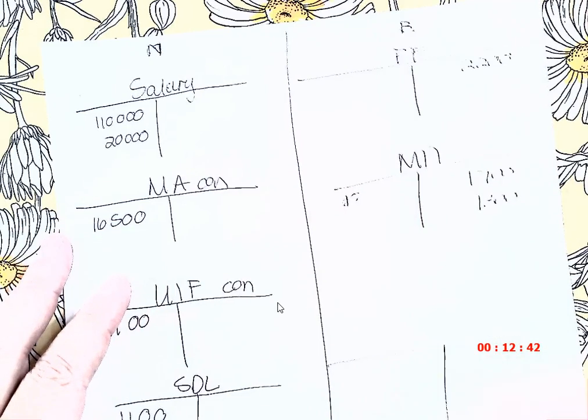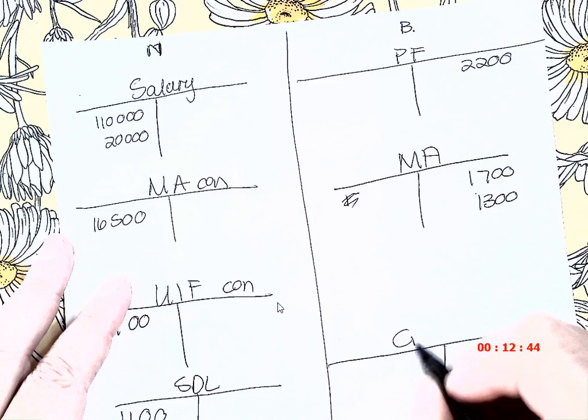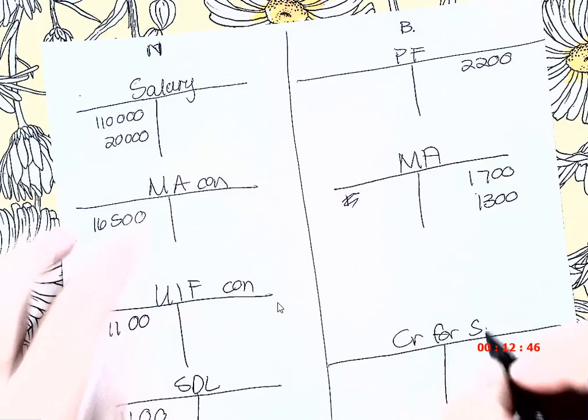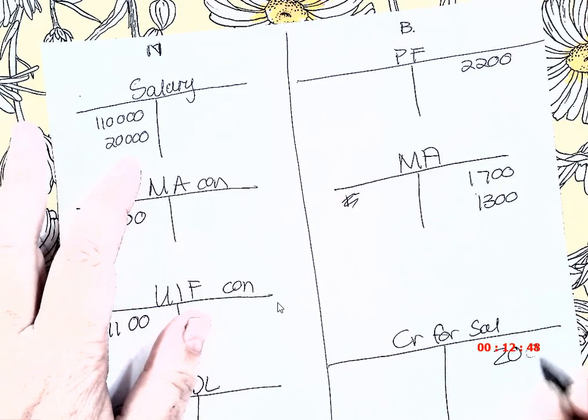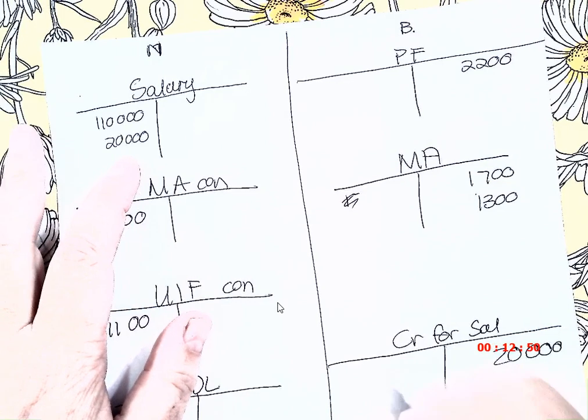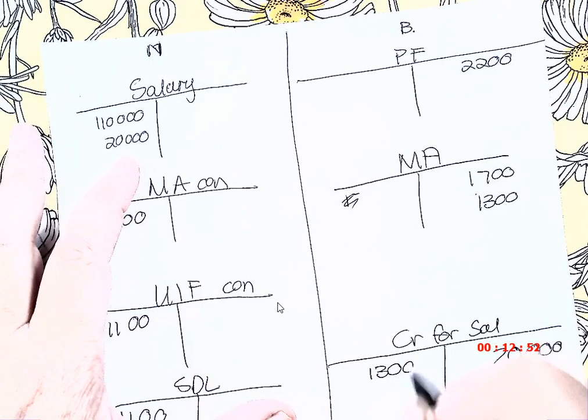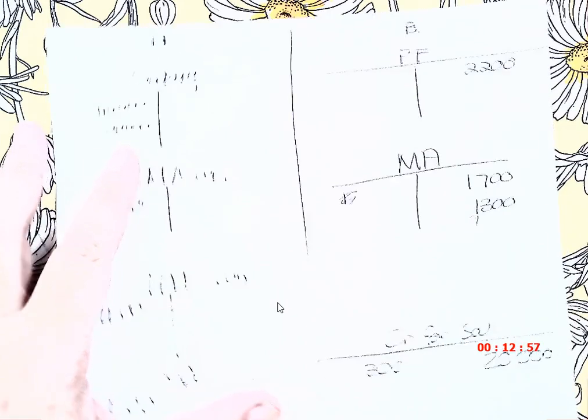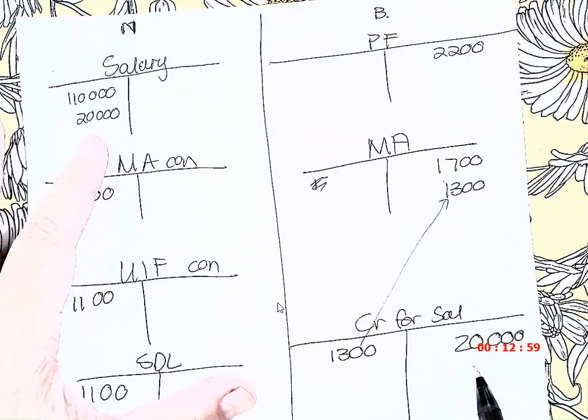So I've got creditor for salary, that 20,000, which is his gross. But I'm going to subtract the 1,300 because I need to pay it to the medical aid, and I do it from this worker's salary. Are we sharp? You guys with me?